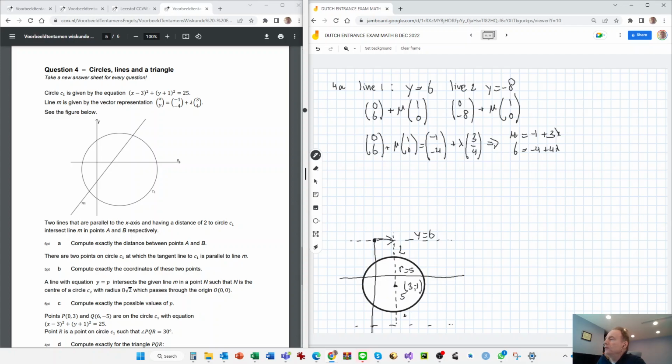So we can most easily just find it from here. You get lambda is 10 divided by 4. Then we need to substitute lambda, then we get the intersection.